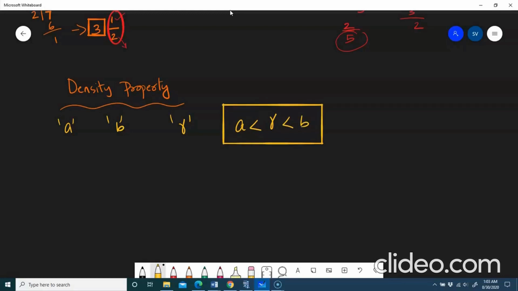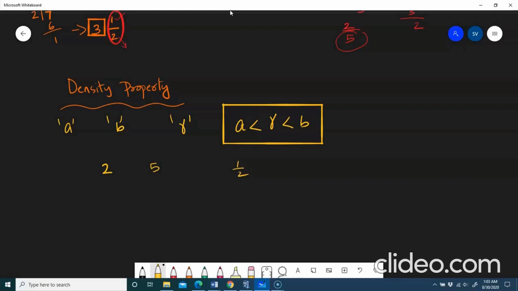Okay, then our concern is how we can find another rational number in between two rational numbers. This is quite simple. So basically, if you need to find a rational number in between 2 and 5, say halfway between these two rational numbers, halfway means 1 by 2.